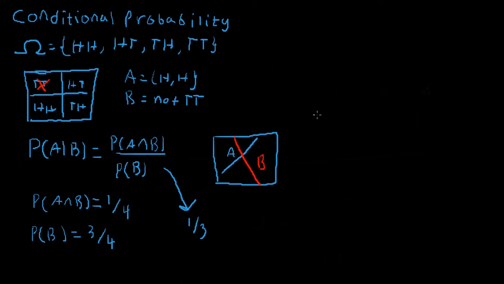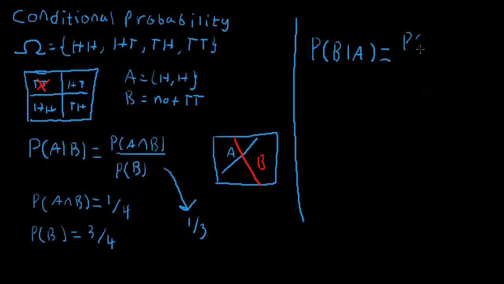Now, one other thing to note that will lead us into our next topic is that there was nothing special about the labels A and B here. I could write the probability of B given A for any events B and A. Well, that's also equal to the probability of the intersection of B and A, but the intersection of B and A is the intersection of A and B. They commute.